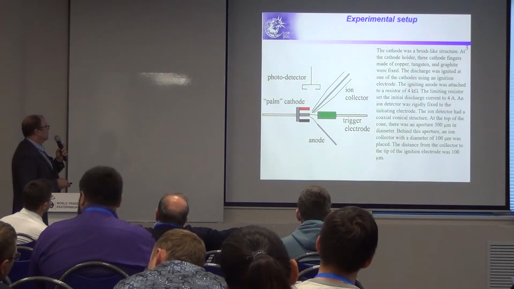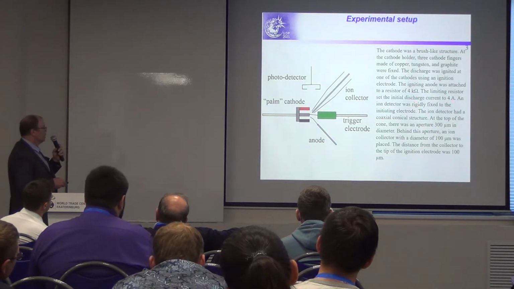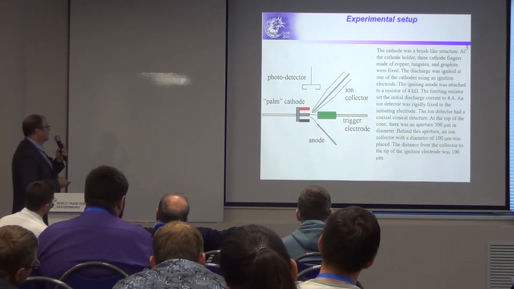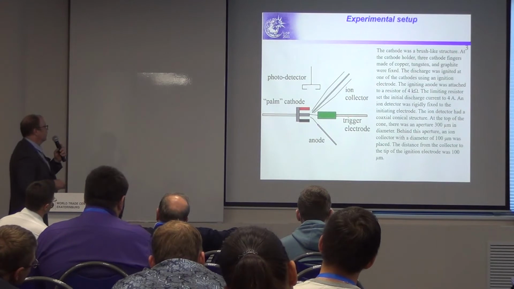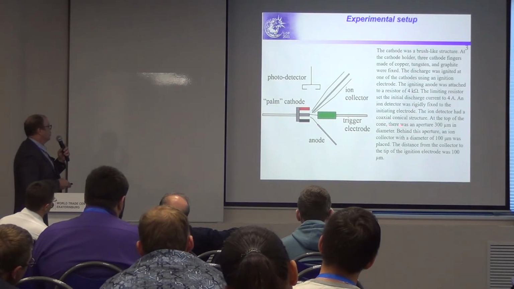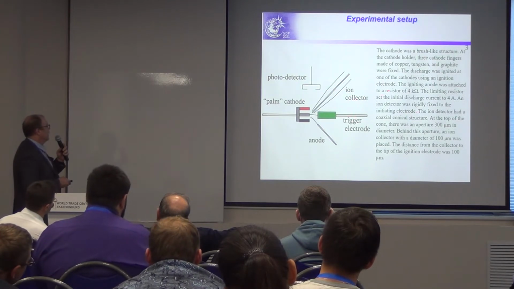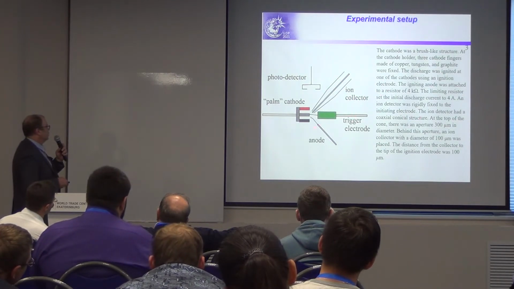The ion detector was rigidly fixed to the ignition electrode. This is the connection. The ion detector had a coaxial conical structure. This is a trigger electrode, a simple arc anode.